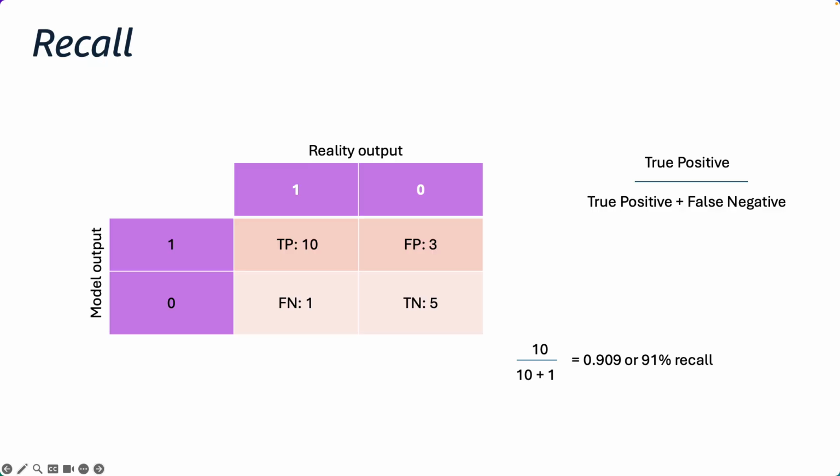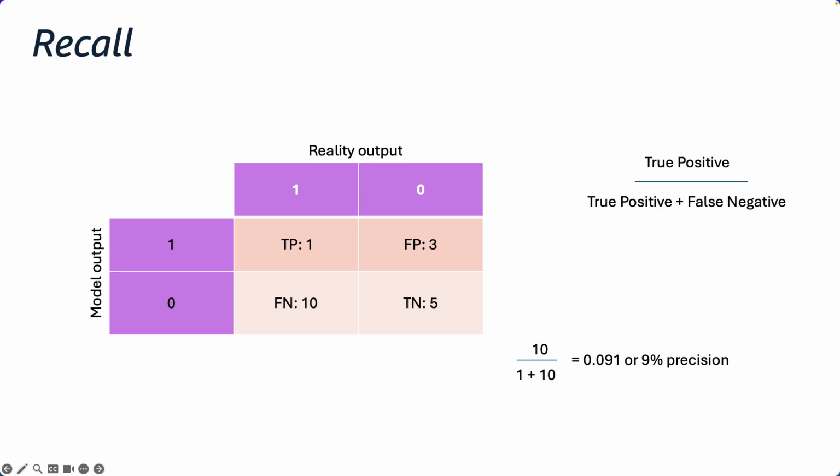And the focus of the formula is looking at the positive rates of false negatives. So let's add our numbers into our confusion matrix, and we get 0.909 or 91% recall or sensitivity for this model. And just like with precision, let's change the values with a lower true positive value and a higher false positive value.